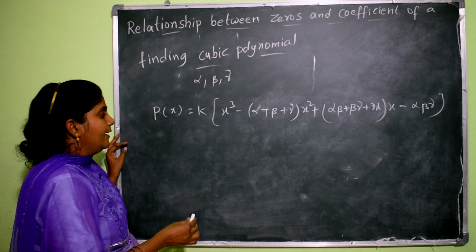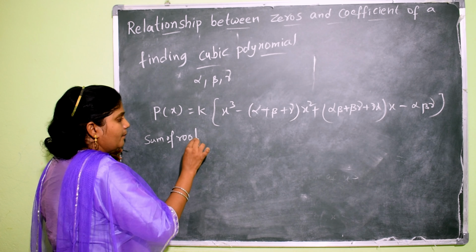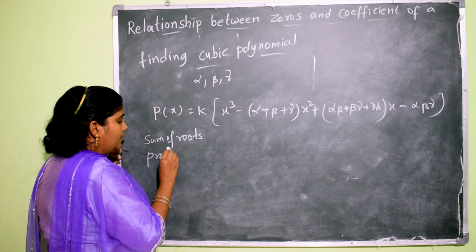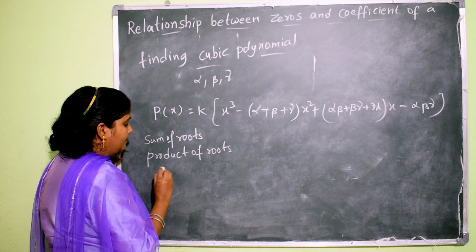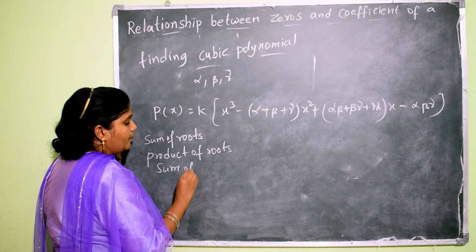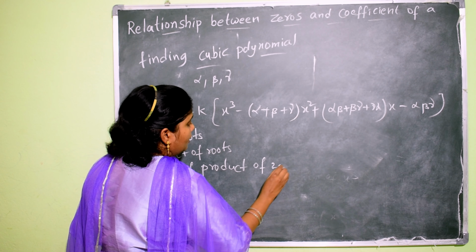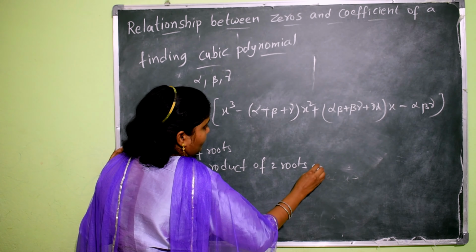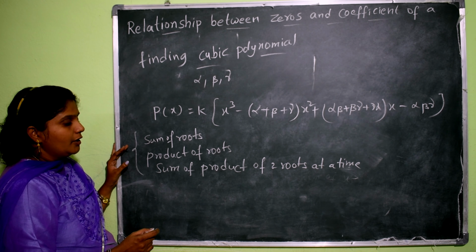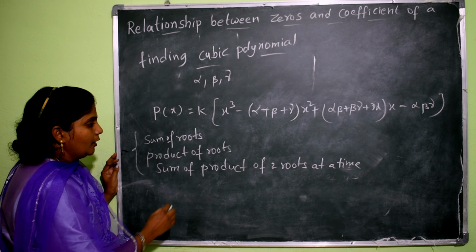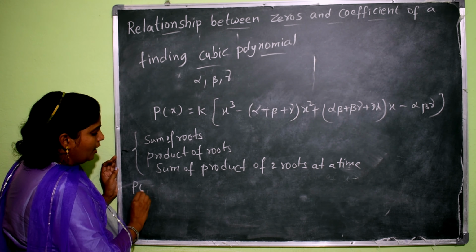Or otherwise, if we know the sum of the roots, the product of the roots and the sum of the product of two roots at a time, if we know these three also, we can find the polynomial.